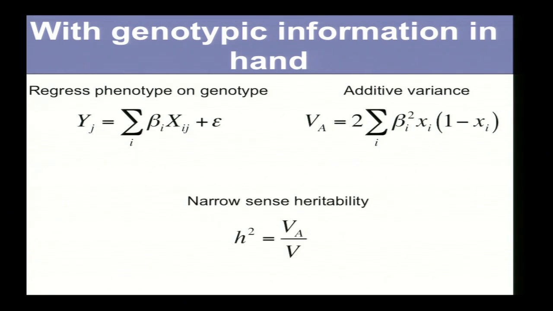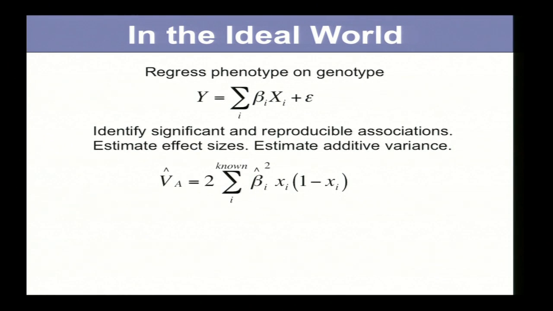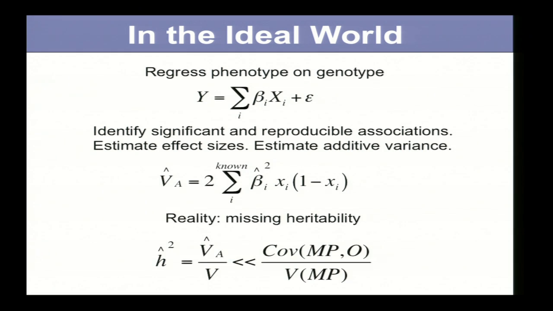So in the ideal world, I just do my regression, estimate all betas, call them beta hats, find all loci significantly and reproducibly associated with a trait, and estimate my additive variance by summing the contribution of every locus. In the ideal world, this should give me an estimate of heritability, which I measure from epidemiological data.